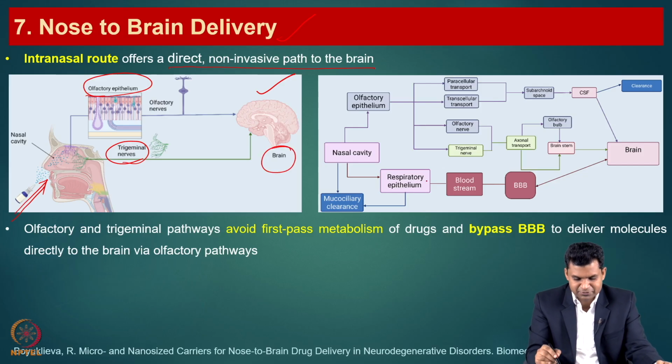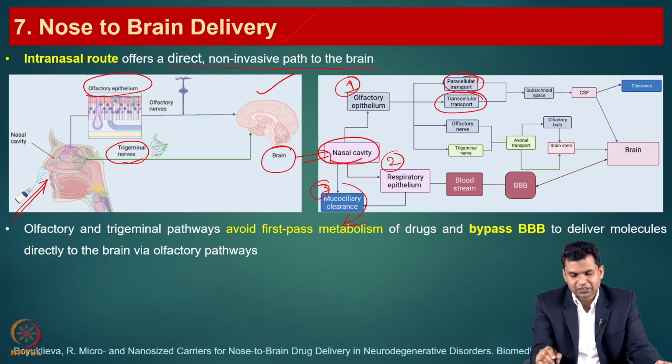The detailed mechanism is mentioned here. When you spray into the nasal cavity, it undergoes the olfactory epithelium and also the respiratory pathway. Third, it can be replaced by the mucociliary clearance. Again, in the olfactory, it follows the paracellular transport, transcellular, and the olfactory nerve and the trigeminal nerve strategy.